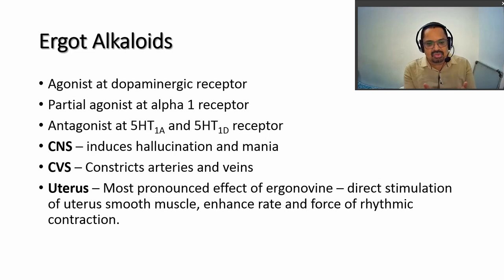Ergonovin is the component of the ergot alkaloids which gives the promising action on the uterus. It directly stimulates the uterine smooth muscle and enhances the force and rhythm of the contraction of the uterus. Directly the smooth muscles of the uterus are contracted. It enhances the force as well as the rate and rhythm of the contraction of the uterus.